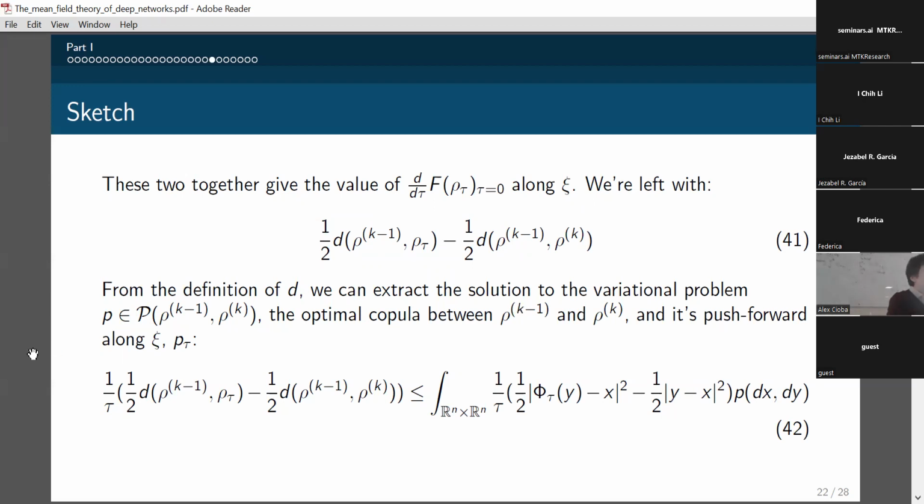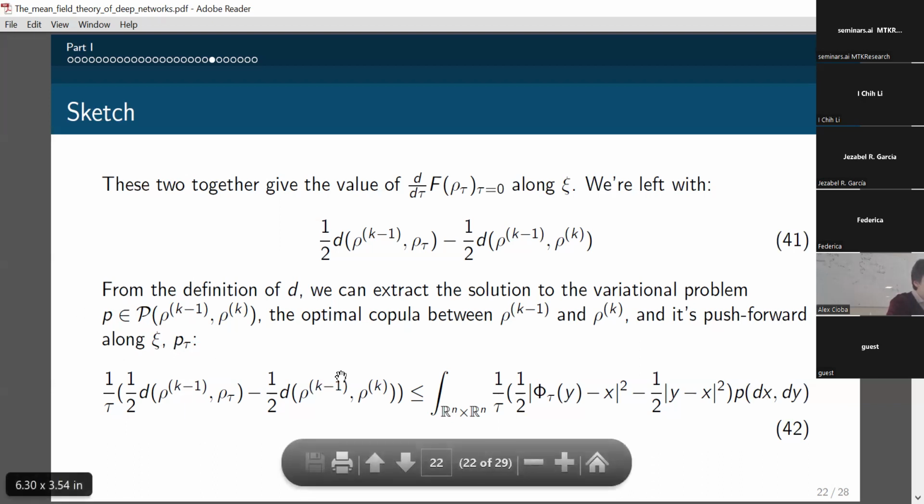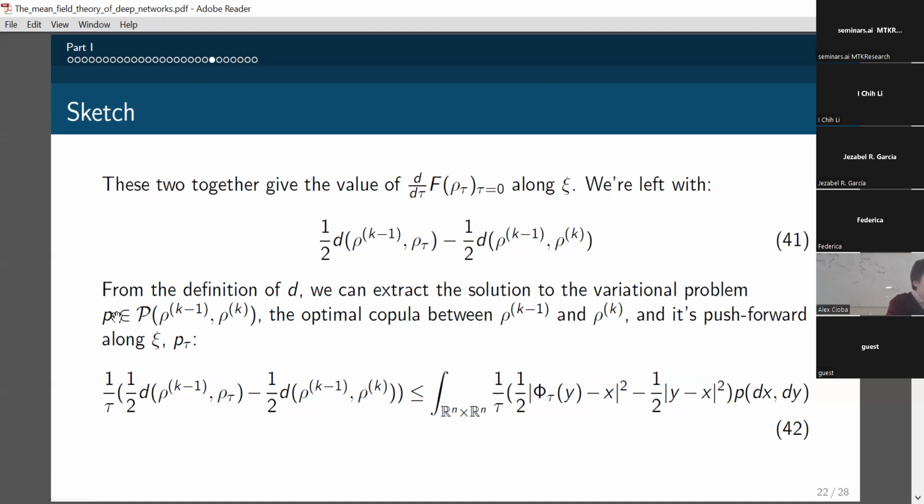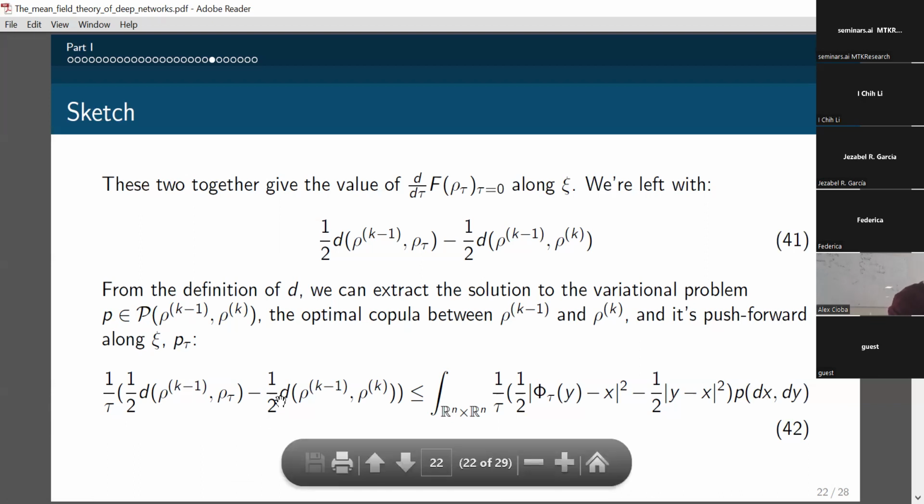Okay, so from the definition of the Wasserstein distance, you can extract the solution for the optimal copula between rho k minus 1 and rho k, and evaluate its push forward along psi. So p tau is the push forward of p in this case, so it integrates like p composed with the appropriate vector field across all test functions.